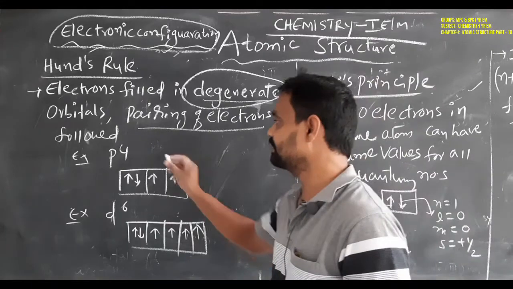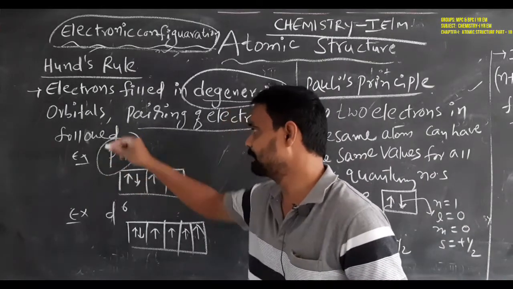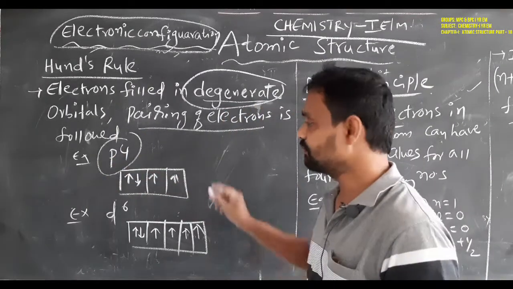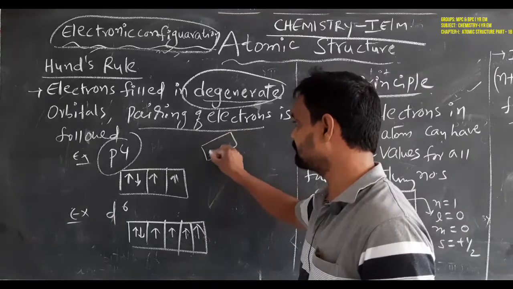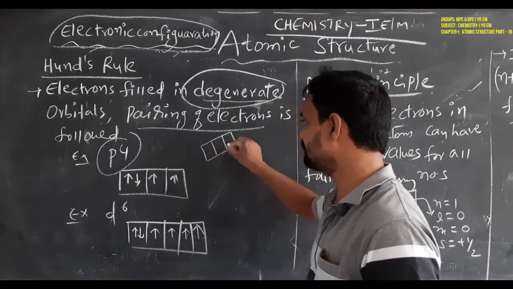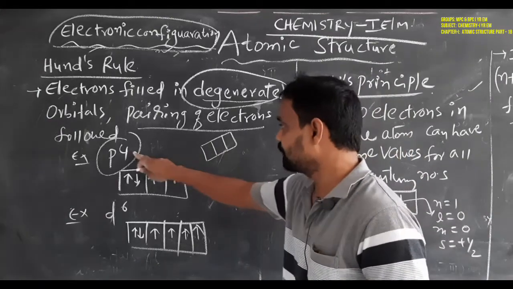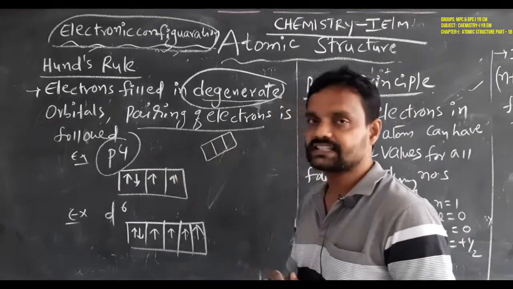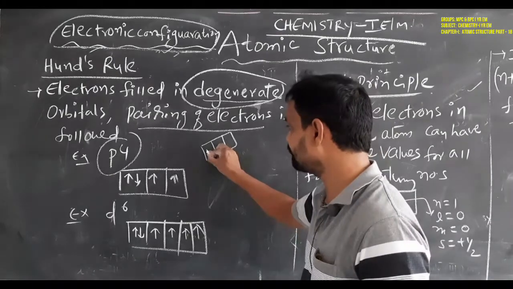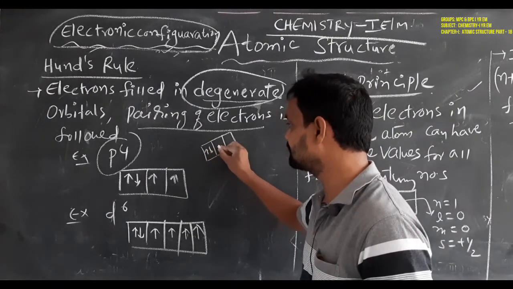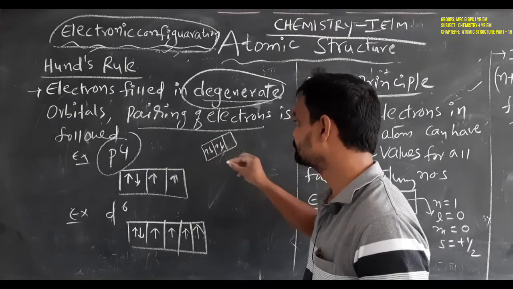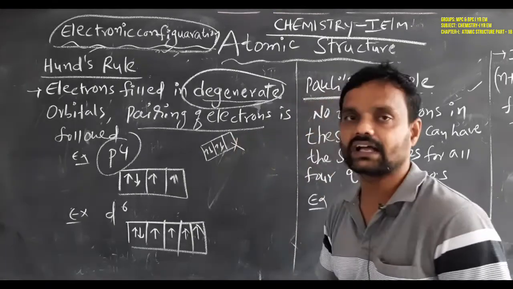For example, if the p4 configuration is present, in the p orbital px, py, pz, 3 orbitals are present, and 4 electrons are filling into these 3 orbitals. We do not fill like this.